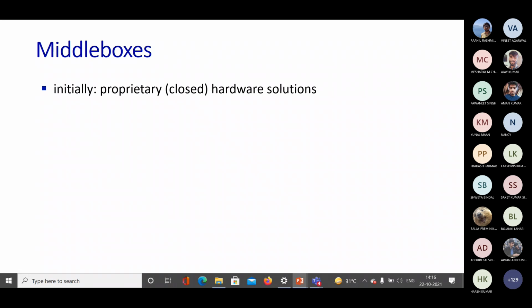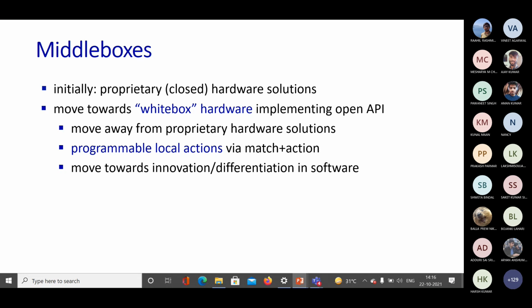So initially, middle boxes were considered to be proprietary hardware solutions. Then we have moved towards white box or hardware implementing an open API. Okay, so you are just trying to give an API based solution for the task that you are going to do, instead of a hardware based implementation. So how can you provide this?